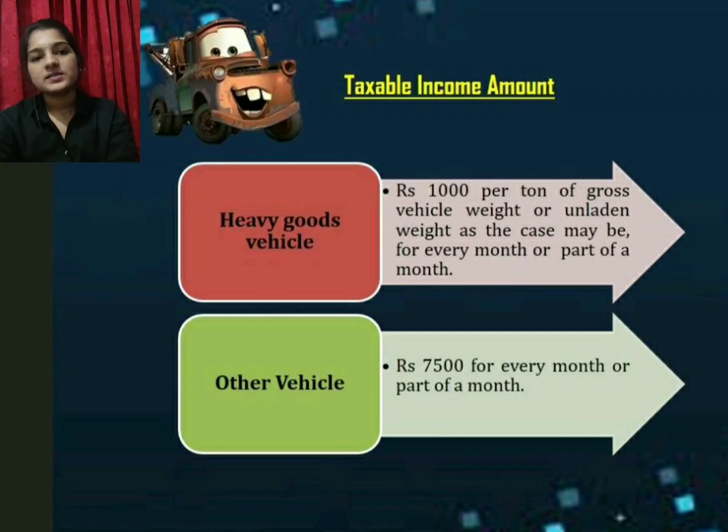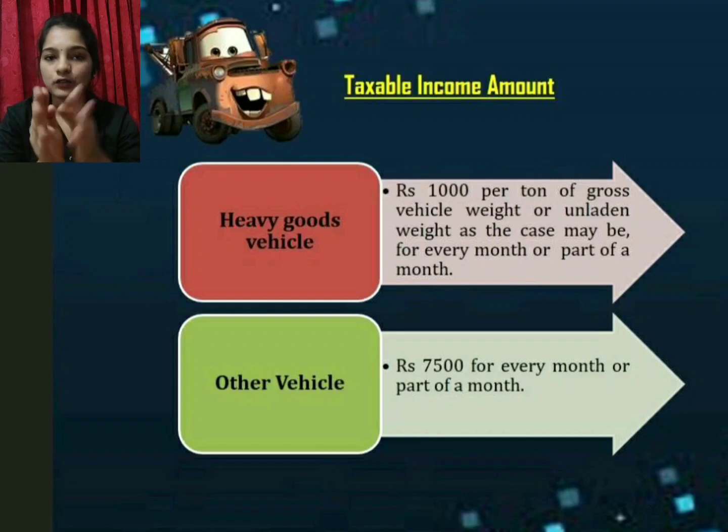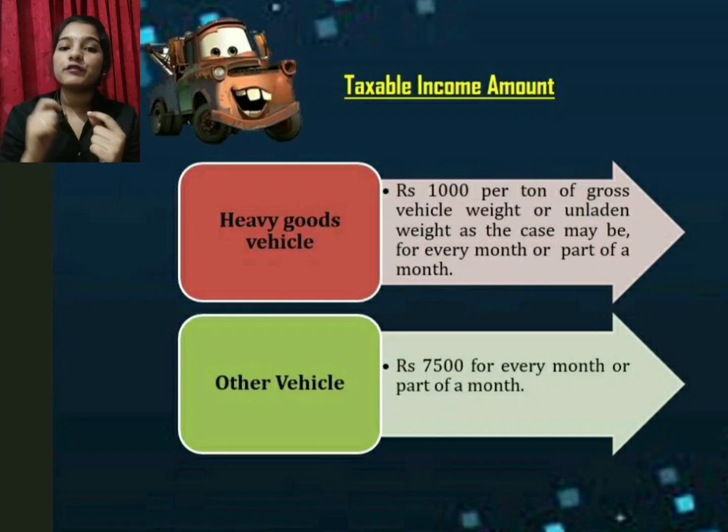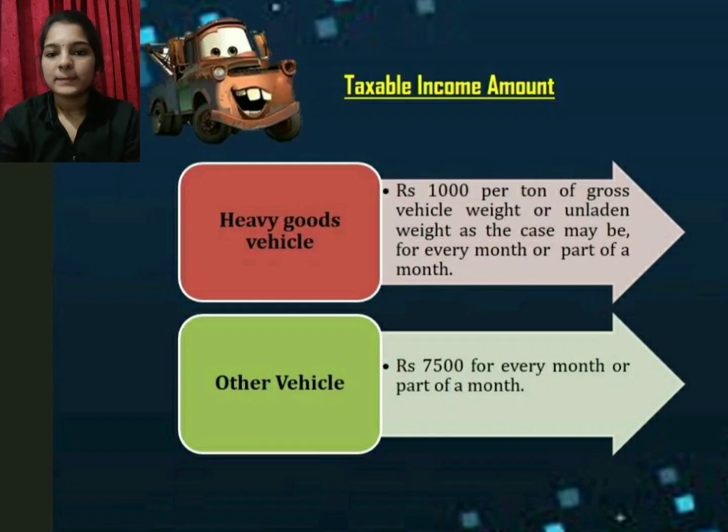So there are two parts. For heavy goods vehicle, the income will be rupees 1000 per ton of gross vehicle weight or unladen weight, as the case may be, for every month or part of the month. And for other vehicle, rupees 7500 per month or part of the month.